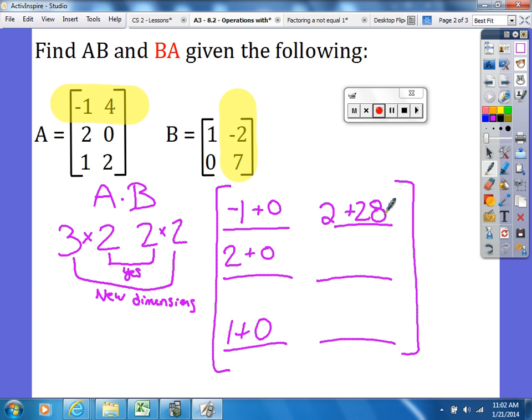I multiplied these 2 and these 2. That makes sense?